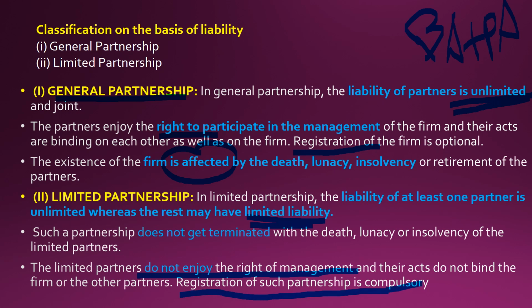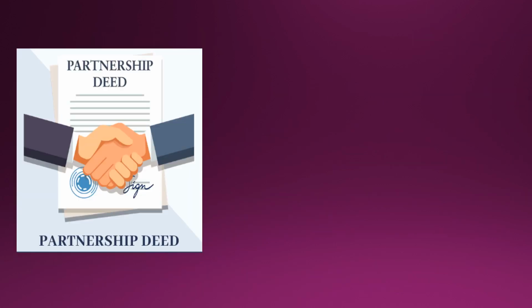Then even if one or two people leave, the organization does not get terminated or affected. So this is the small topic called partnership and types of partnership. I told you, these are all small topics and they would come for 4 markers.